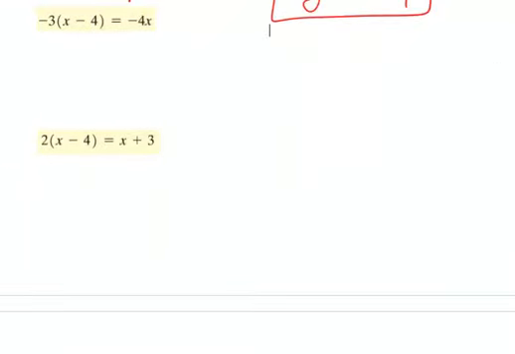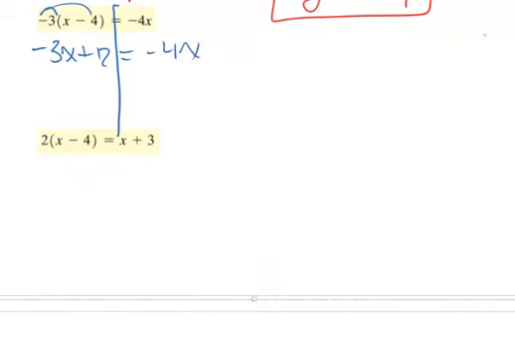In the next problem that I have here, again, I have parentheses. So let me go ahead and draw my line. Let me distribute my negative 3. So that's going to leave me with negative 3x plus 12 is equal to negative 4x.